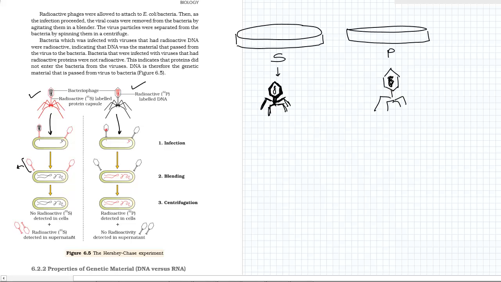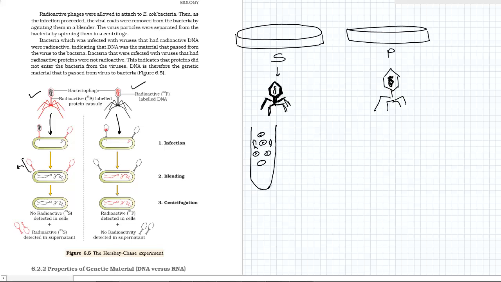Now what can be done: let's say this was the test tube, and inside this test tube are the bacteria, and the virus actually inserted its genetic material inside the bacterium, and this is the protein coat outside the bacterium.